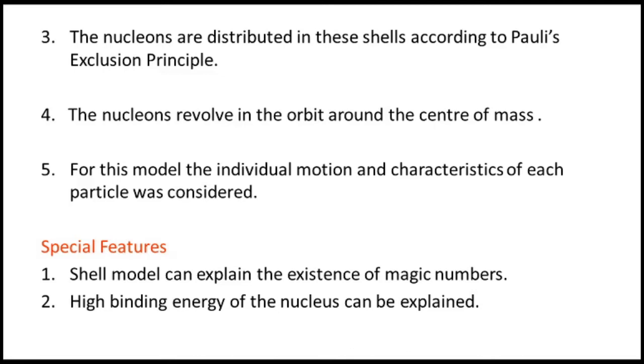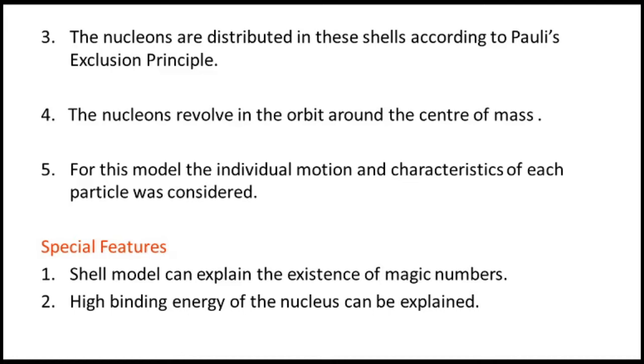Around this center of mass, there are certain shells or orbits, and in these orbits, the nucleons, that is the protons and neutrons, are distributed according to Pauli's exclusion principle, and these nucleons are revolving around the center of mass in that orbit. So the atomic model and the shell model proposed for the nucleus are nearly the same. It has nearly the same structure.